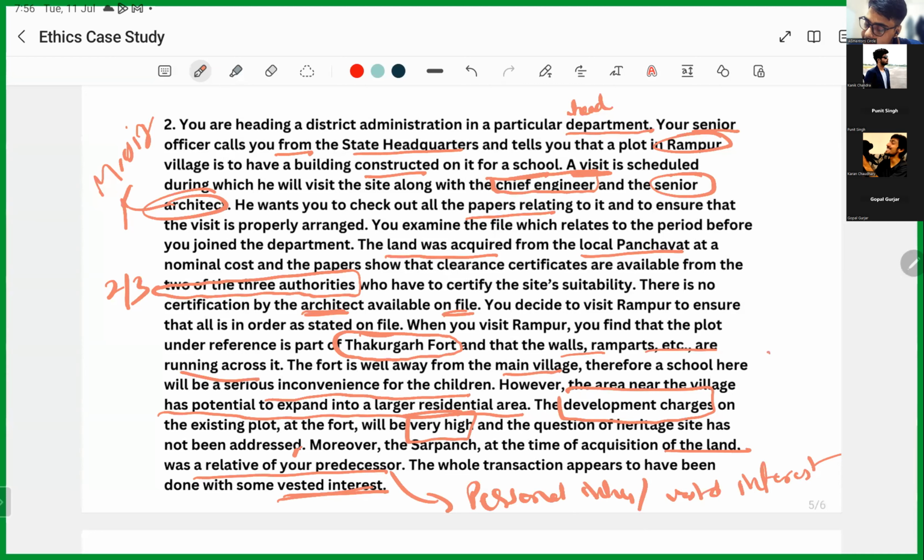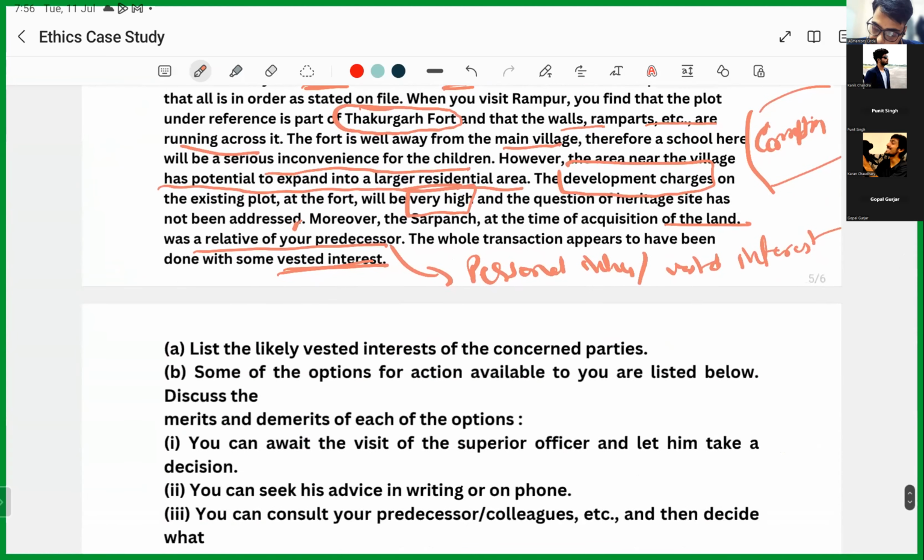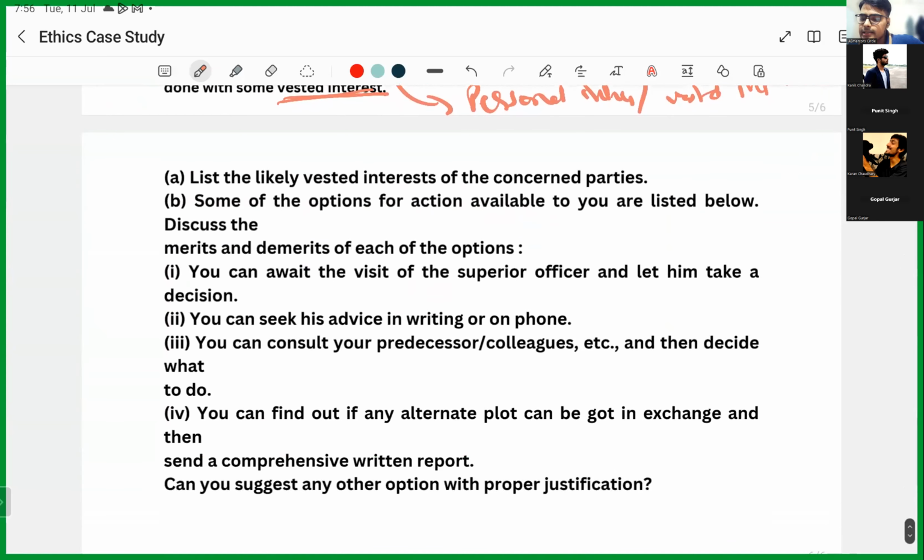Indirectly, the case talks about corruption. That is one of the set areas from which UPSC asks questions. List the likely vested interests of the concerned parties.